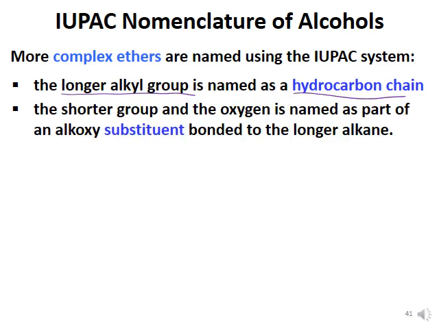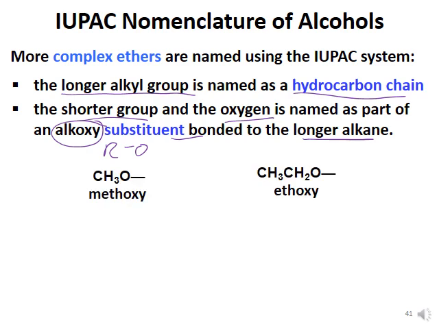And then the shorter group that contains the oxygen is called an alkoxy group, RO, and it acts as if it's a substituent bonded to the longer chain. So CH3O bonded to the longer chain is considered a methoxy group, and CH3CH2O bonded to some longer chain is considered an ethoxy group.